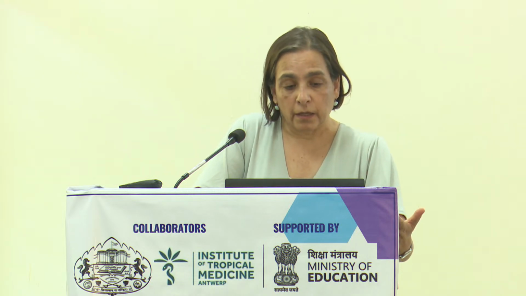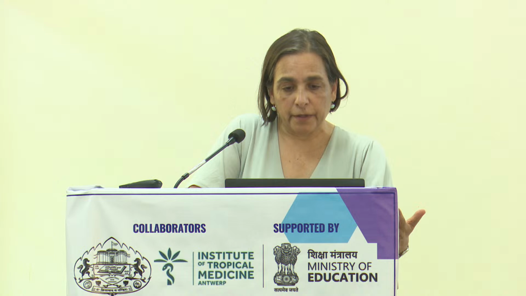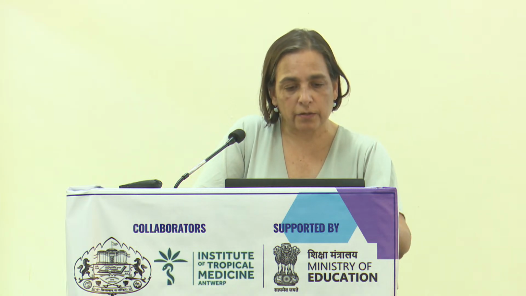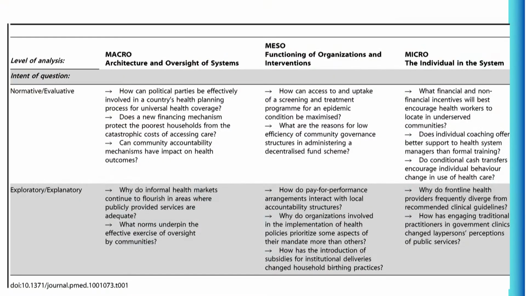On the meso level, we've got an evaluative question: how can political parties be effectively involved in a country's health planning process for universal health coverage? So what is normative or evaluative about that? What are you measuring against?